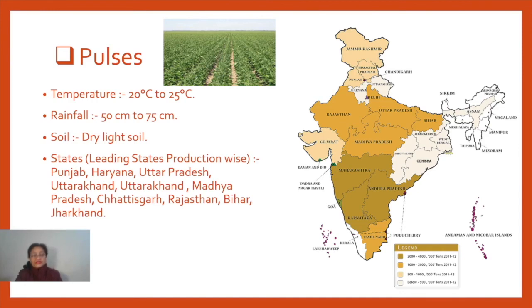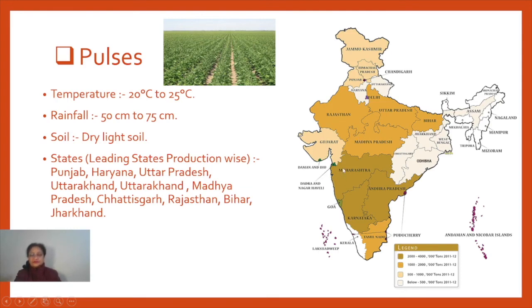Now the temperature required for pulses is 20 to 25 degrees centigrade. That is, a major part of India almost has this temperature. Then the rainfall it needs is 50 to 75. That means heavy rainfall is again harmful for this, and dry light soil is the best for it. And this is the reason you will find pulses grown from the extreme northern side towards the south and from east to west, in the maximum part.